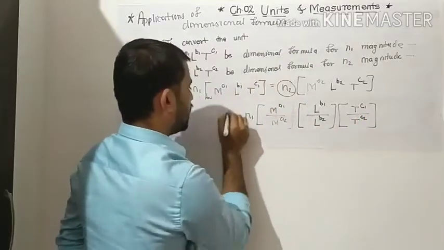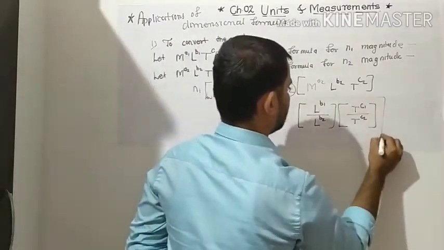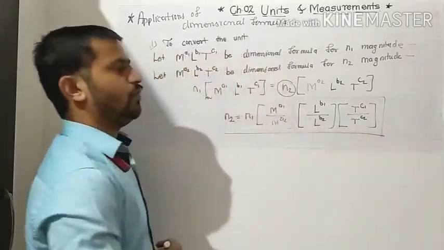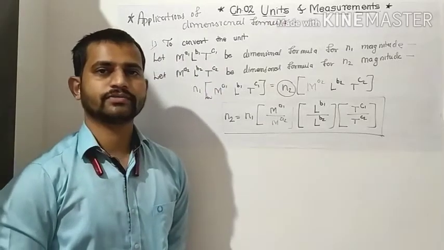Okay. So by putting our particular magnitudes in this formula, we will get the unit conversion directly.